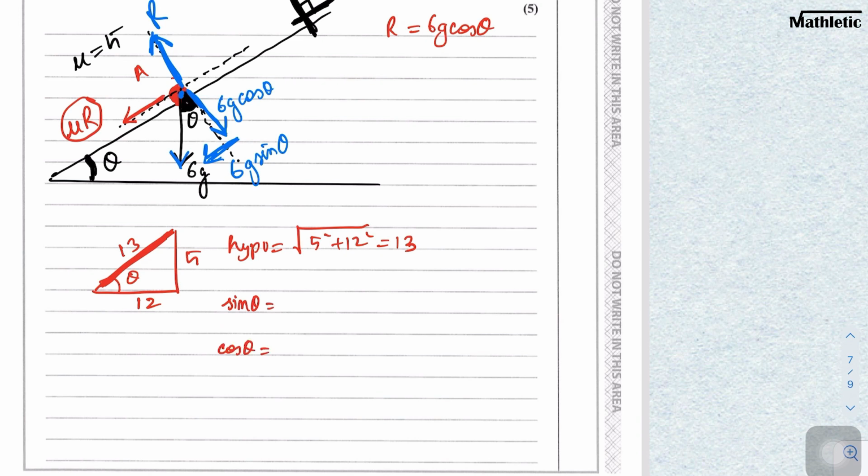Sin theta is opposite by hypotenuse, so 5/13. Cos theta is adjacent by hypotenuse, so 12/13.